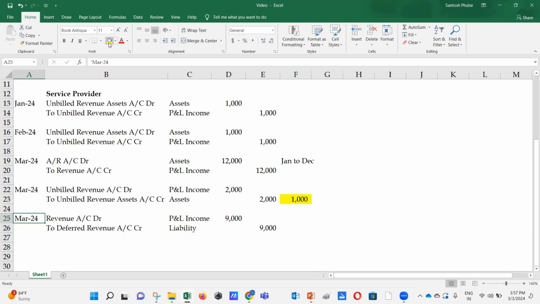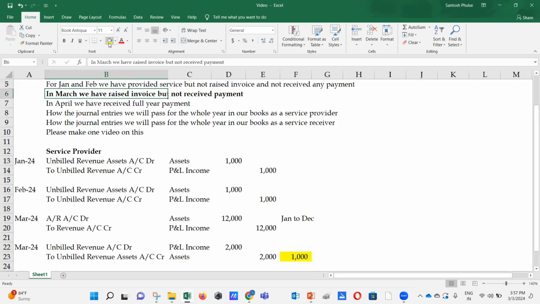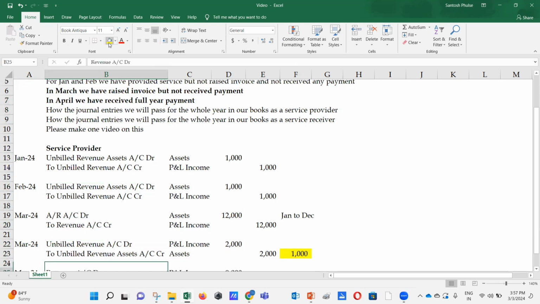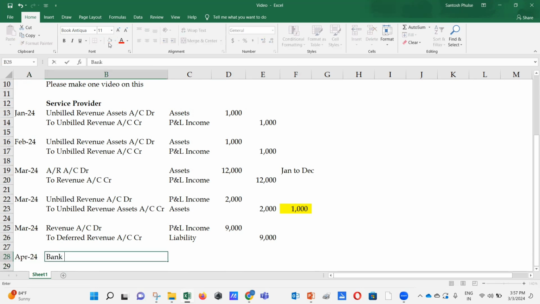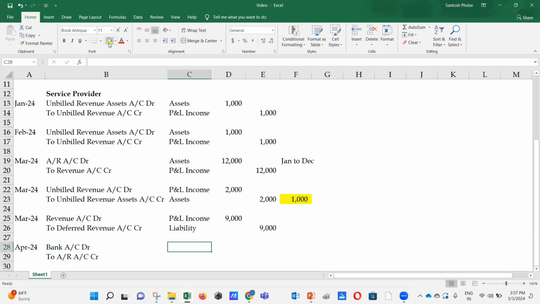Now in April, as mentioned, we have received the full year payment. So your entry in the month of April is that your bank account is going to be debited and your AR account is going to be credited.